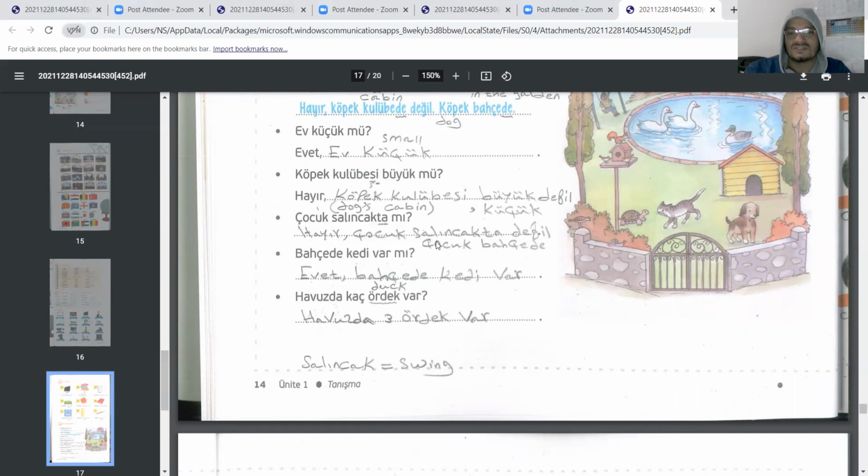Hayır, çocuk salıncakta değil. Çocuk bahçede. At the garden. Talking about the baby, çocuk. Bahçede kedi var mı? Yes, we have a cat in the garden. Evet, bahçede kedi var. Havuzda kaç ördek var? Havuzda üç ördek var. Salıncak, that means swing.